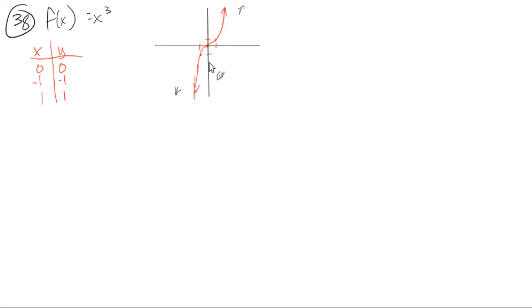If we got our calculator out and graphed it exactly, it would probably look different from this. I can guarantee it looks different from this. But we're not interested in making it look exactly right. This is just getting an idea, okay?